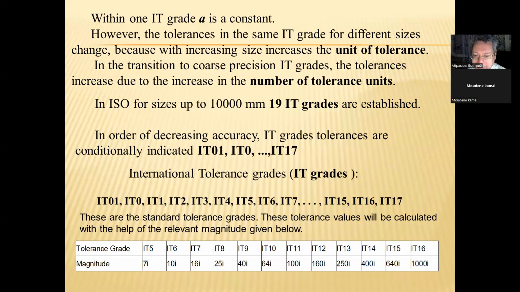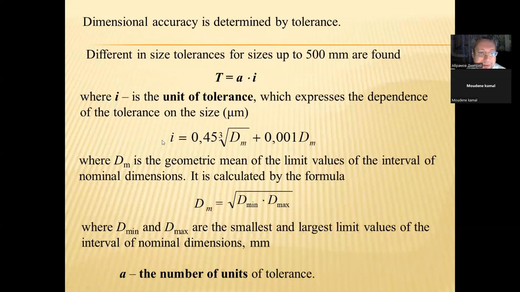These tolerance values will be calculated with the help of the relevant magnitude given below. A is equal to 7 for IT grade 5. A is equal to 10 for IT grade 6. For IT grade 10, A is equal to 64. I is the unit of tolerance.